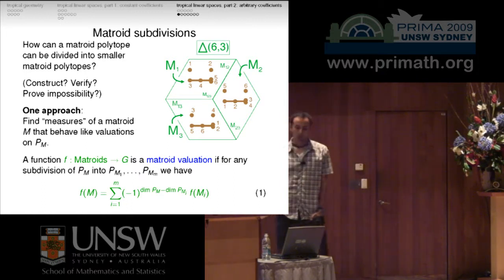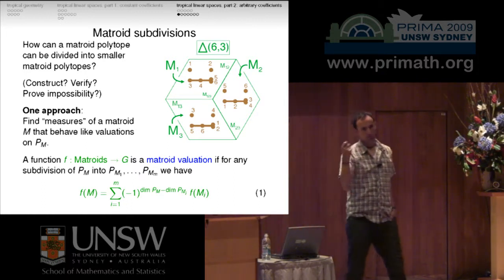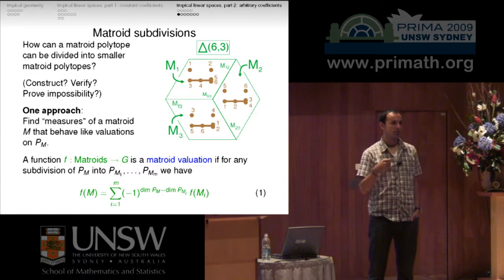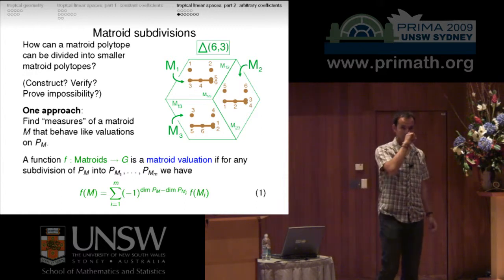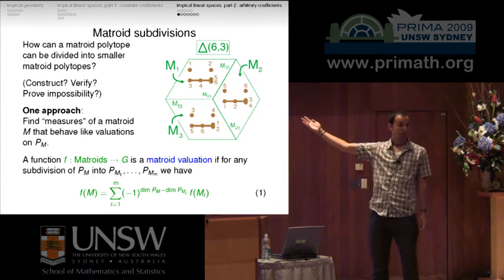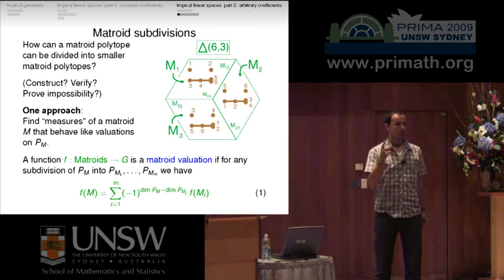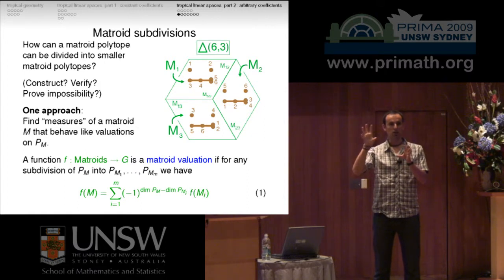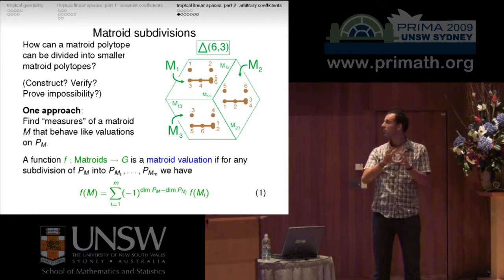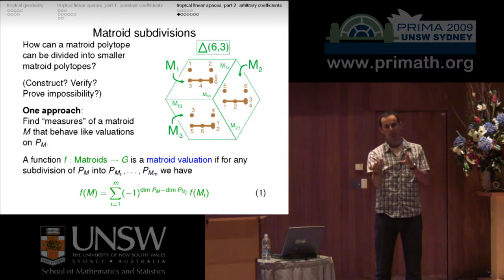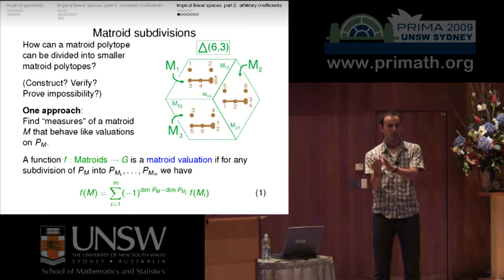So I'm going to say that a function from matroids to an abelian group, I'm going to call that a matroid valuation if whenever I have a matroid subdivision like this, then the function of the whole matroid should equal the function of the pieces of the subdivision minus the ones of codimension 1 plus the ones of codimension 2, etc. Okay?